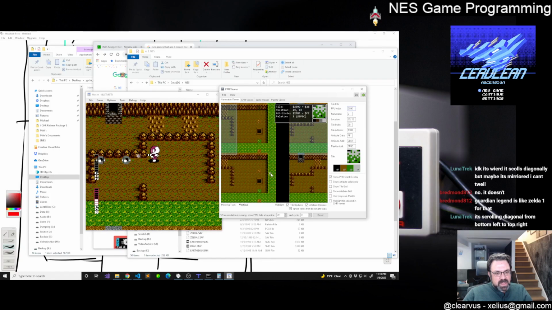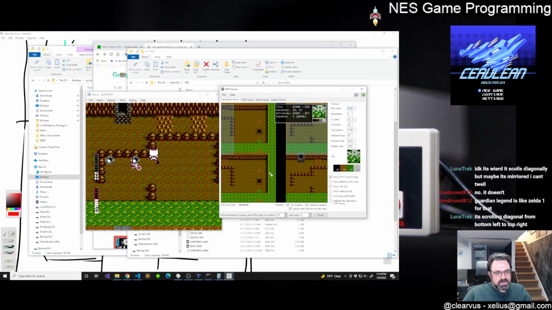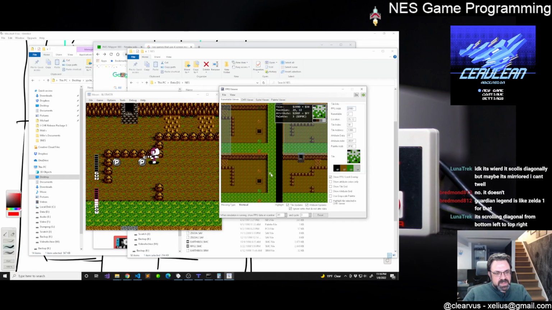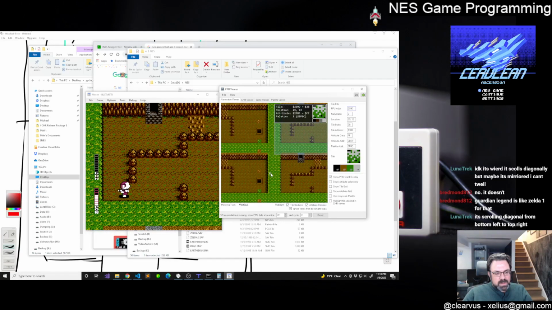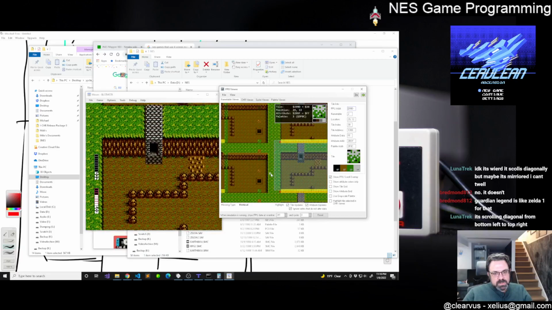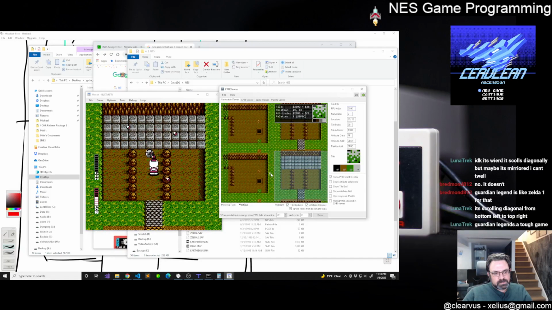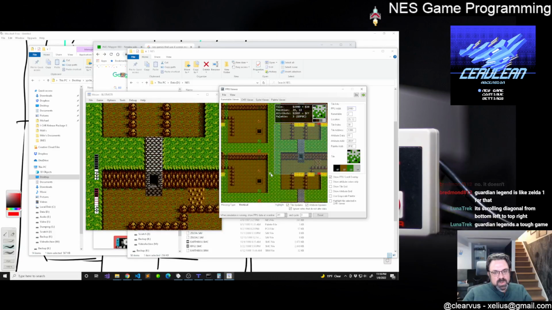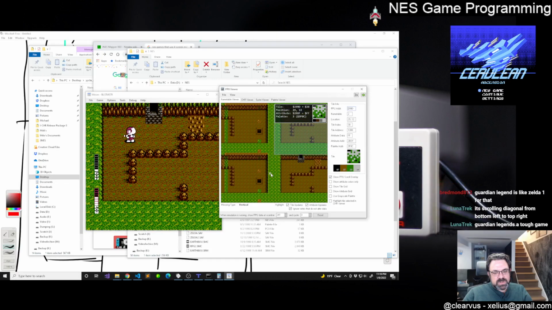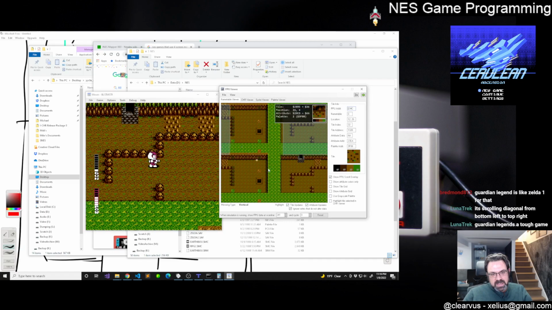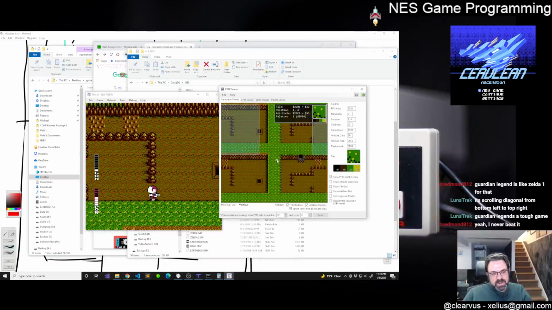I'm trying to think. I think this has the kind of room layout that I'm thinking of here. No, it's not. It's in one of the other rooms, but because they're just using vertical mirroring, they're just going to update in whatever place they need to in order to make it work.